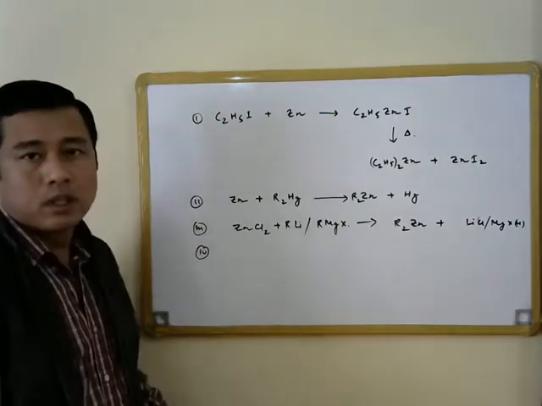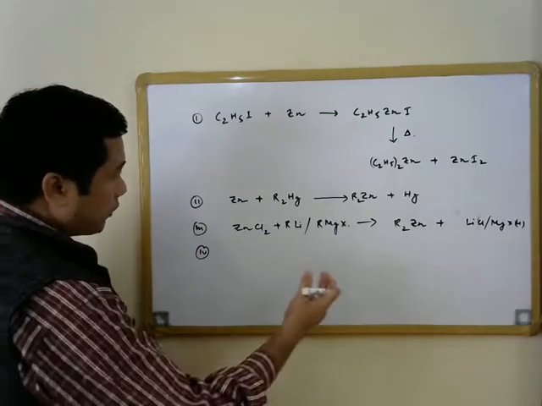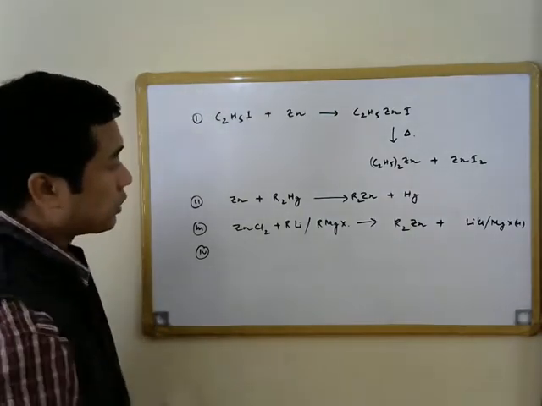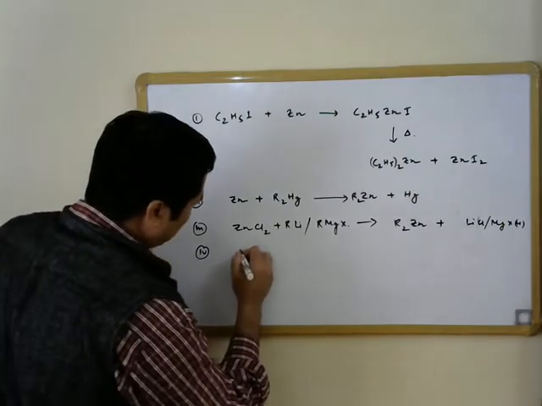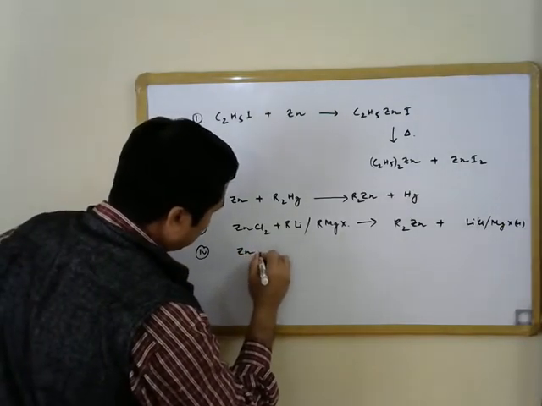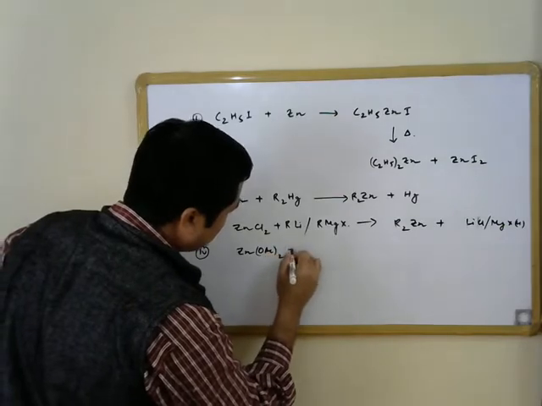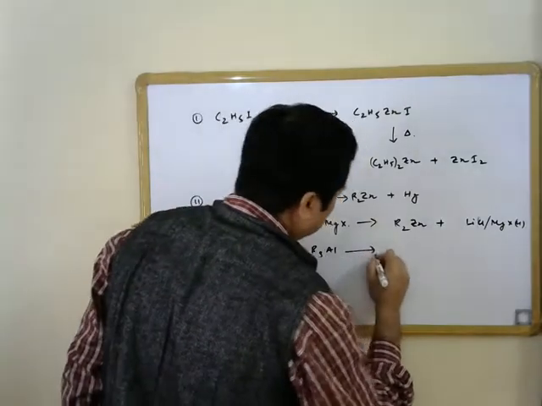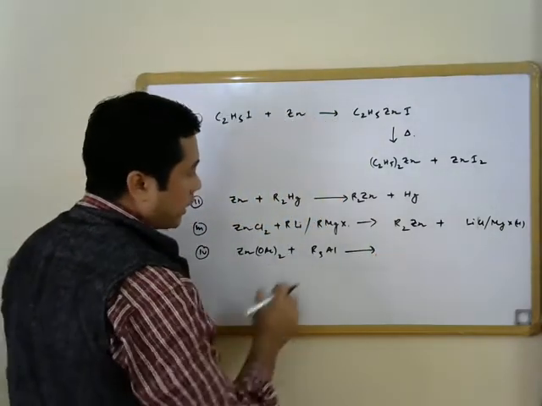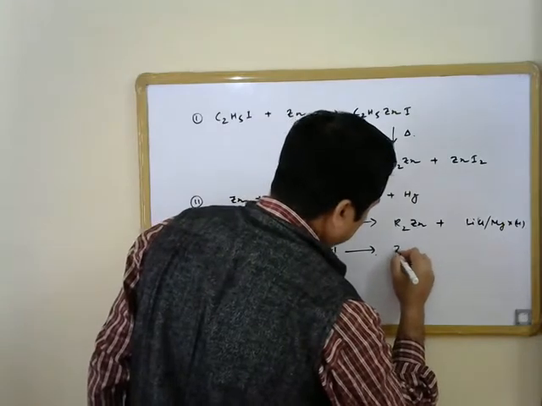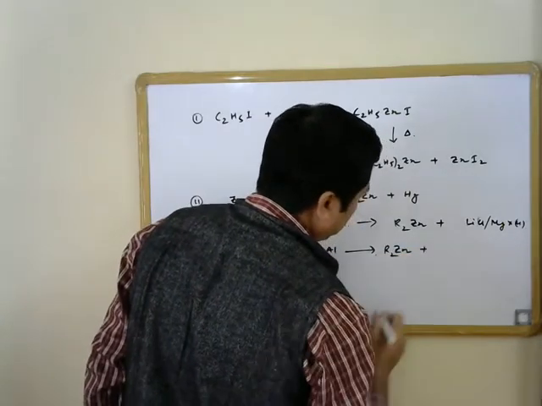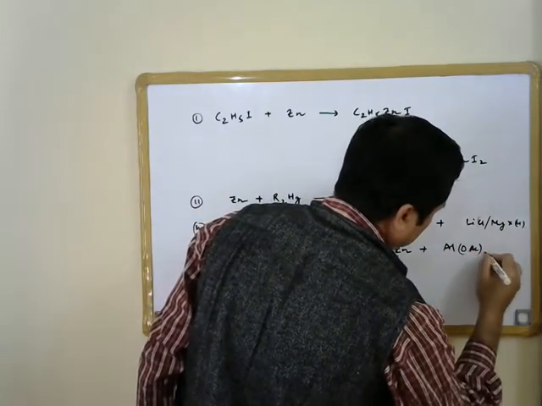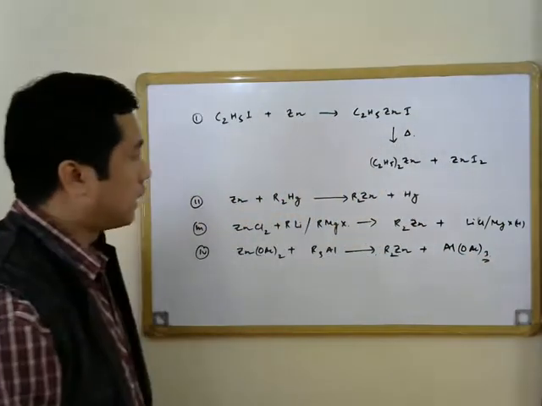One can also use alkyl aluminium reagents for preparation of organozinc compounds, and one can start with zinc acetate and then R3Al. Upon reaction with organoaluminium reagents, once again one can get R2Zn, and aluminium acetate will essentially be the byproduct in this reaction.